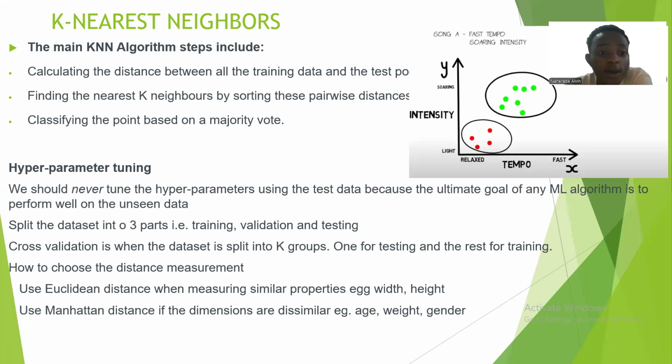And then, based on the majority vote, if many of the data points in the circle you've drawn are, let's say, green, you classify that he likes the song. If they are red, you classify that he doesn't.